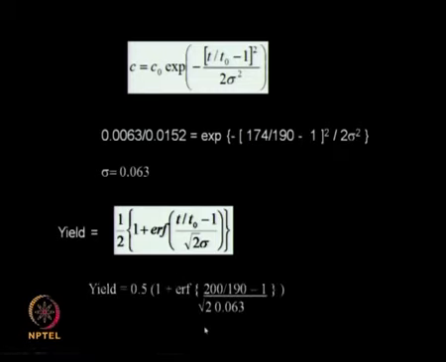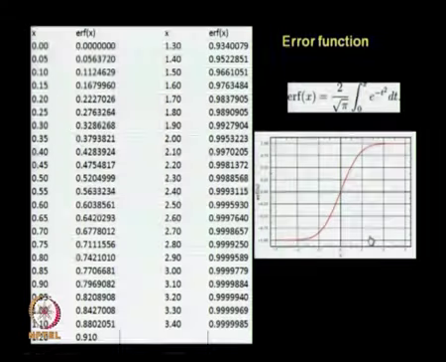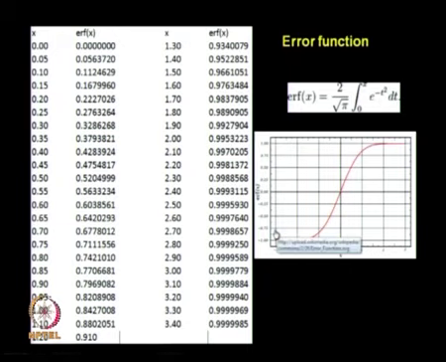How to calculate error function? Straightforward. Error function is a number which can be calculated using certain numerical technique. Error function is defined like this: error function of x is equal to 2 by square root of pi integral 0 to x e power minus t square dt, and error function looks like this.